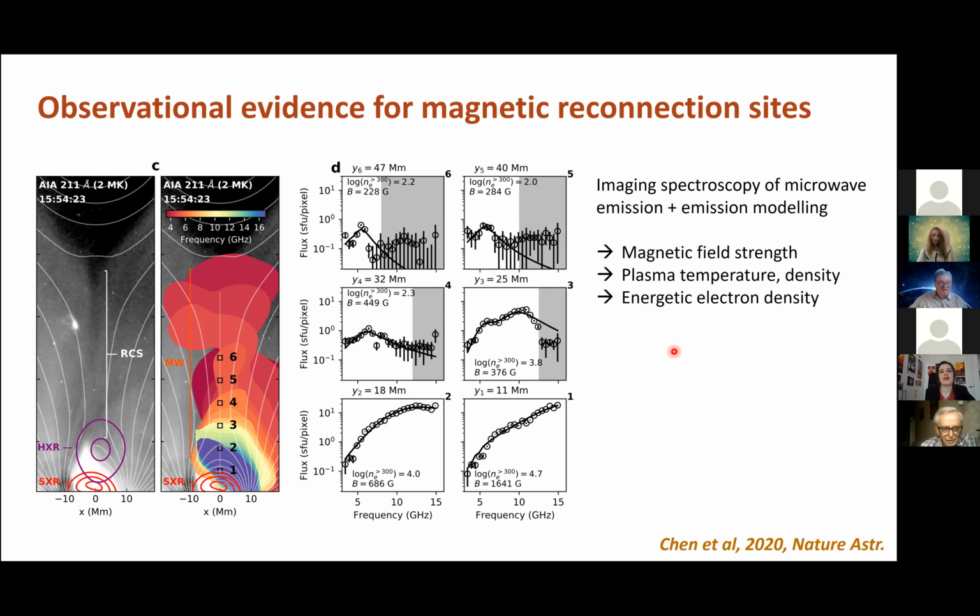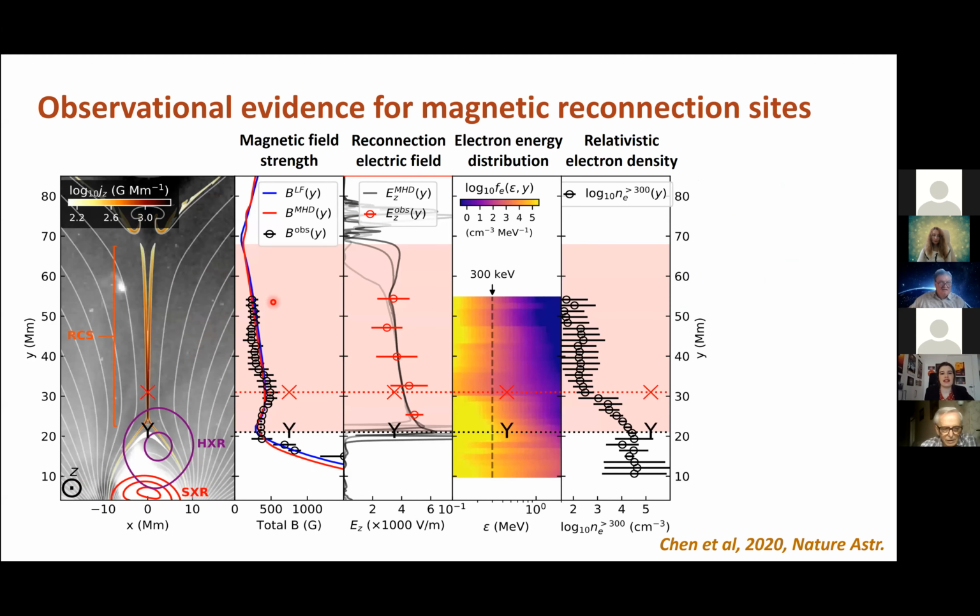And since this emission is sensitive to the magnetic field strength, we can use it to deduce the strength of the magnetic field along this current sheet.